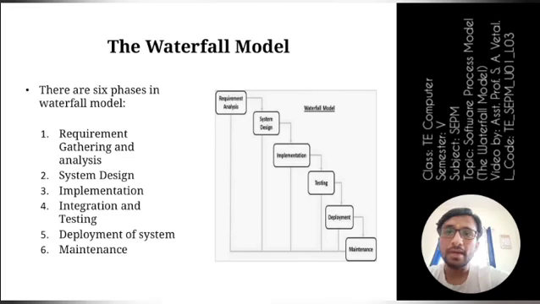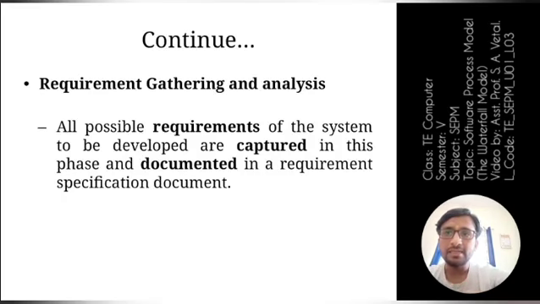So we will see what kind of tasks or operations can be performed in each stage. The first stage is requirement gathering and analysis. In the previous lecture, we discussed the generic process model, in which there is a communication stage. The same thing is carried out in requirement gathering and analysis. That is nothing but to communicate with the customer and capture all the possible requirements of the system to be developed in this phase.